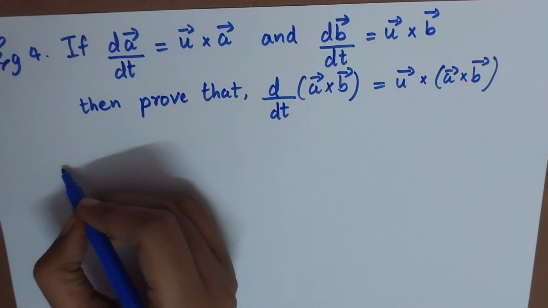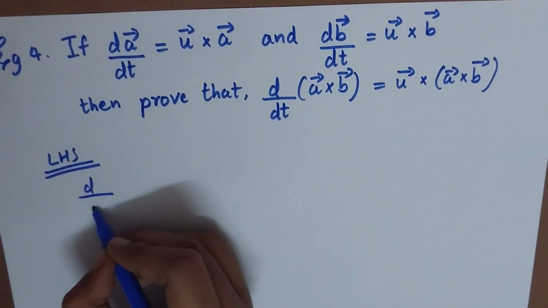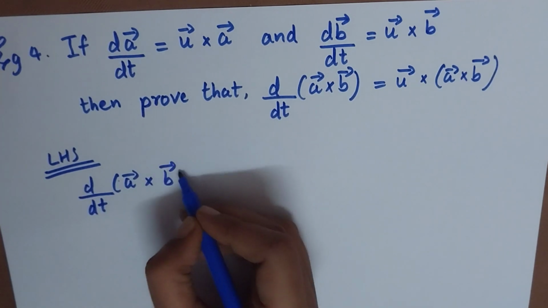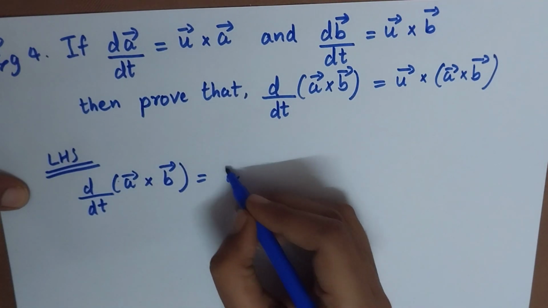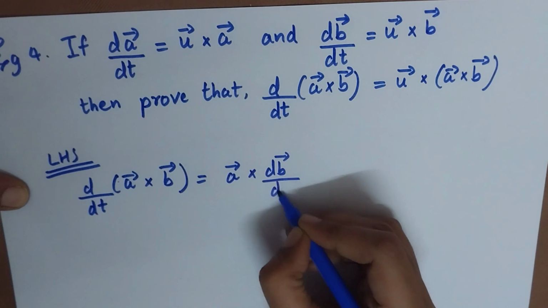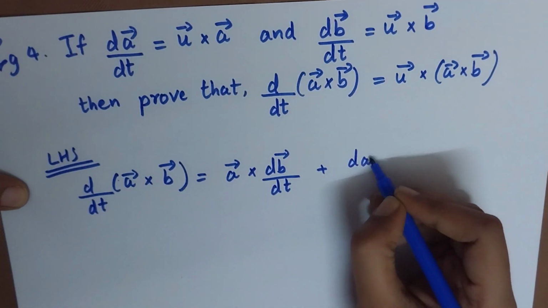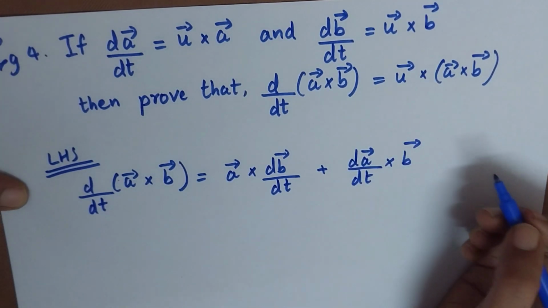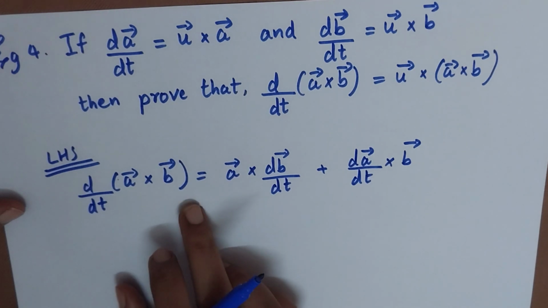So our LHS is d/dt of a cross b. Now when you expand this, you will get a cross db/dt plus da/dt cross b. So this we have learned in our formulas.